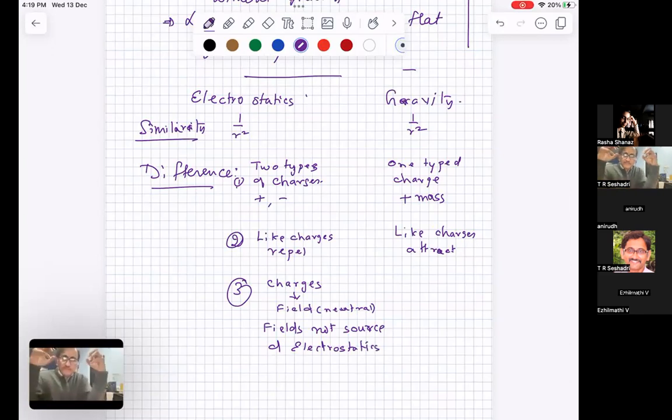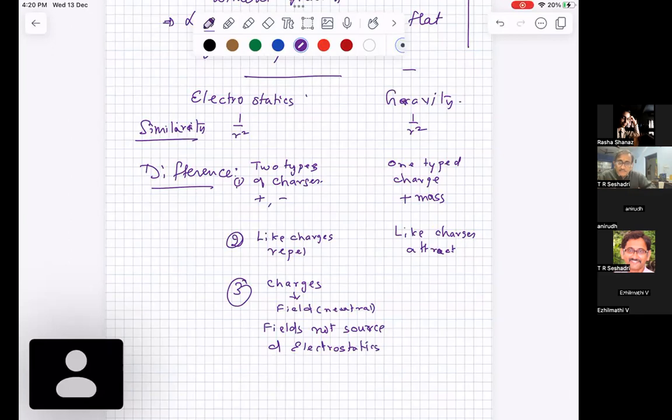So the source of the field and the agent which communicates this force are two different objects. The agent, which is field, is not a source of that force. You don't have a positive electric field and a negative electric field, but you have positive charge and negative charge. The direction may be different.